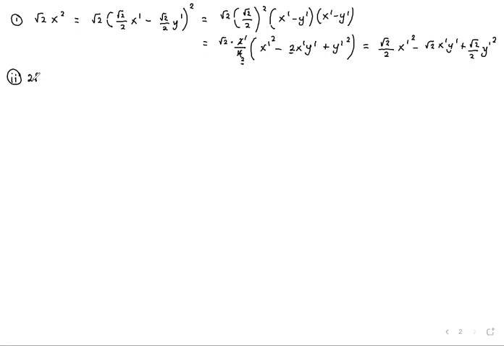The second one is 2 root 2 xy. This is 2 root 2. What is x? x is root 2 over 2 x prime minus root 2 over 2 y prime. We multiply this by y, which is root 2 over 2 x prime plus root 2 over 2 y prime.